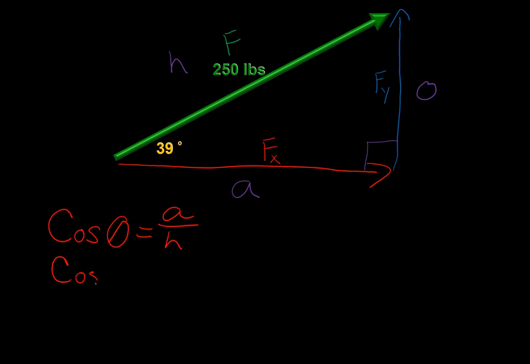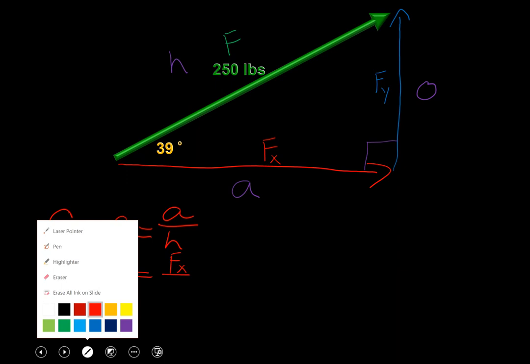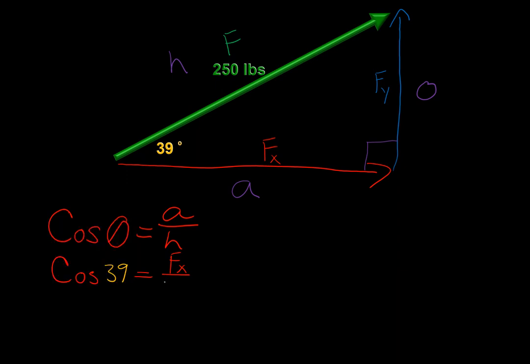So cosine and our theta, 39, equals our adjacent, which is our F of x, divided by our hypotenuse, which in this case is 250.